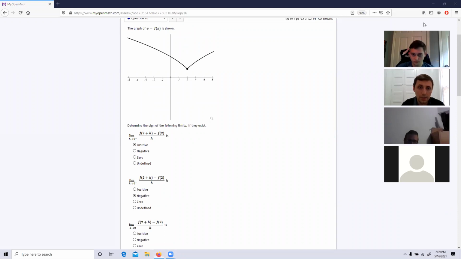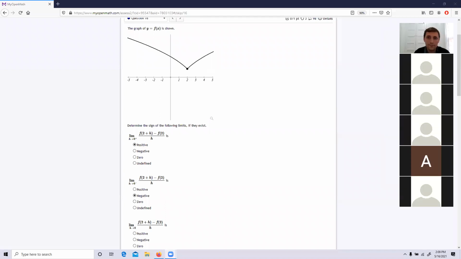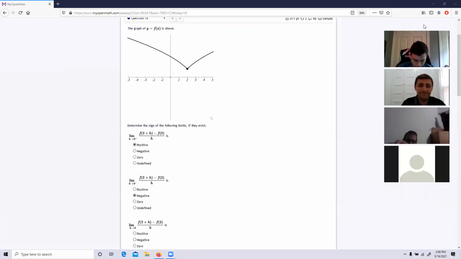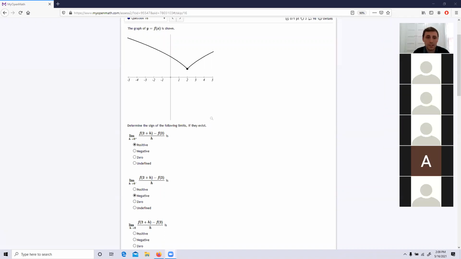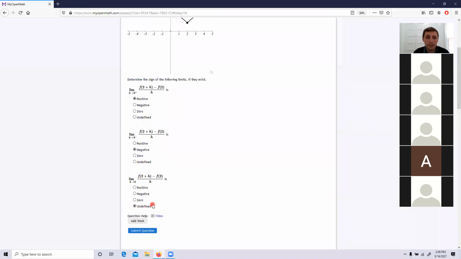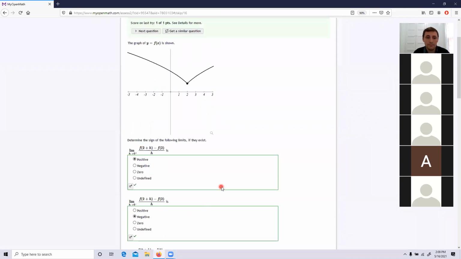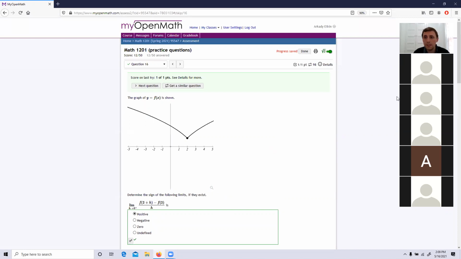Okay, the limit altogether, guys, look at the shape. Just think about it. Would you like to pet this curve? Is it a nice smooth curve, or sharp, right? You can get yourself caught. So this is undefined. Yes? All good?